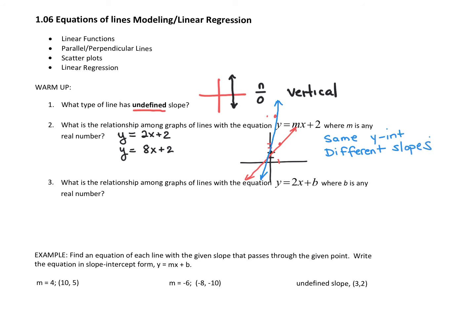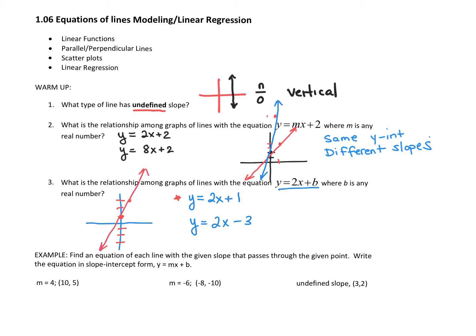What is the relationship among the graphs with the line y equals 2x plus b, where b is any real number? Well, in this particular case, we might be talking about something like 2x plus 1 and say 2x minus 3. If I plot 2x plus 1, I plot 1, I go up 2 and over 1, and I get this line.